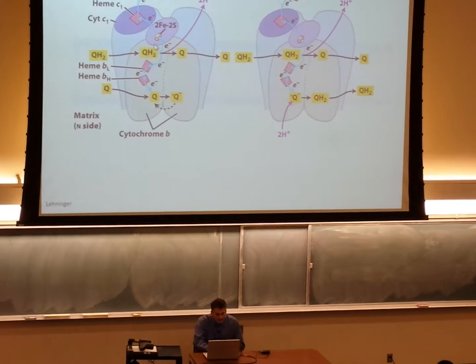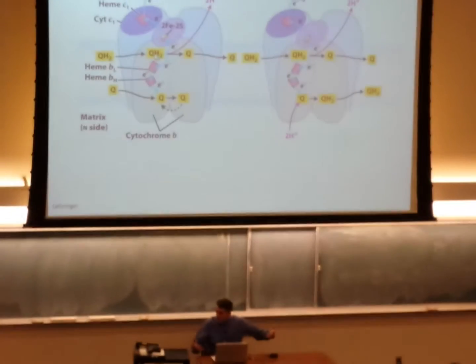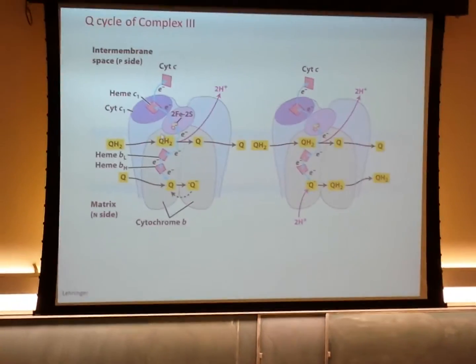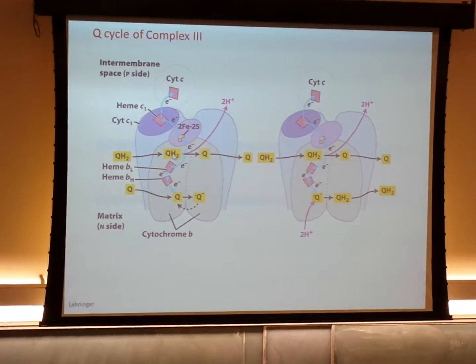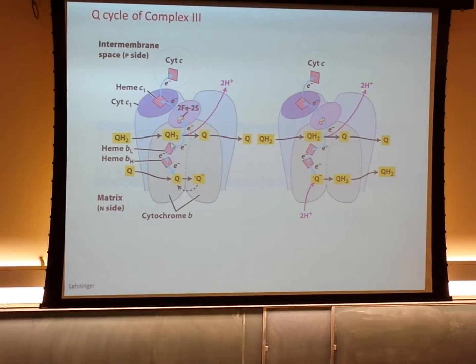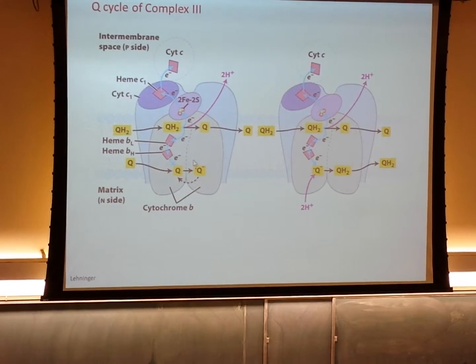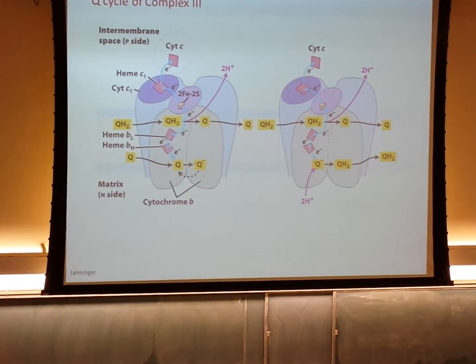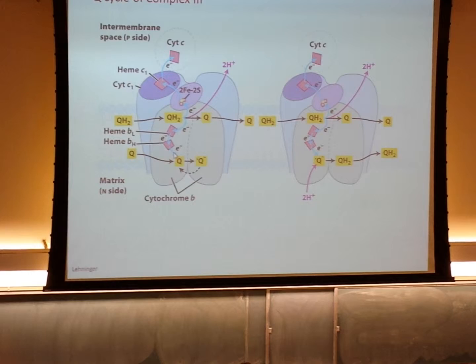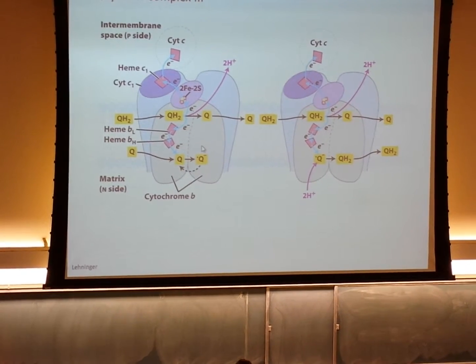Because when we come over here, they took some artistic license here by saying that this Q cycle, where this thing is binding here and the electron comes down, no, the circuit should be over here because the other binding site is over here. You follow me? So it's like they wrote it here to make it clear, but this is not good science. So really the circuit's coming over here.